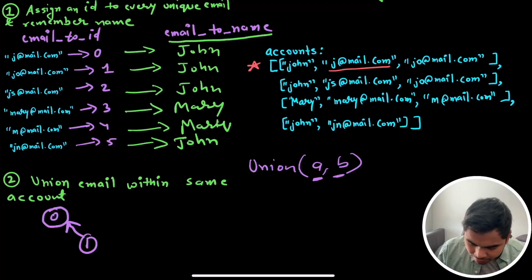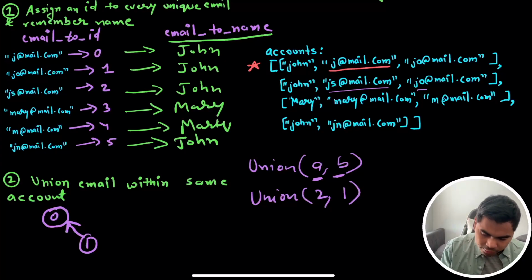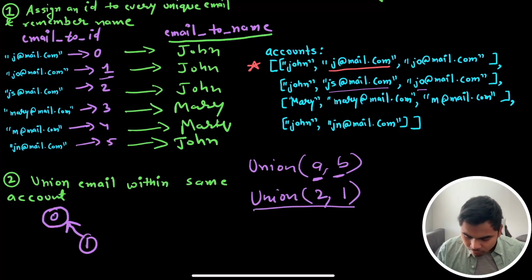JS is a separate email. Although it's not right here, its ID is 2. So what I'll do is union 2 and Joe, which is actually 1. You can see joe@mail.com is 1, but before even merging them, assigning their parents, union will try to find the root parent of 2, which is 2 itself.